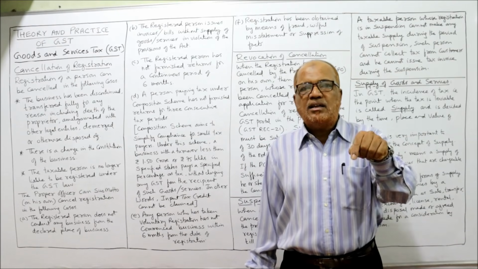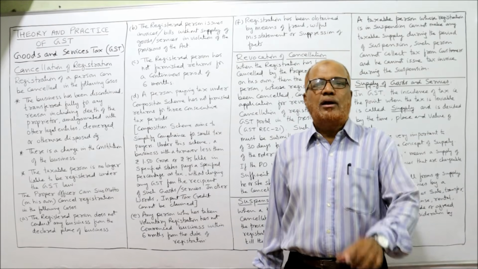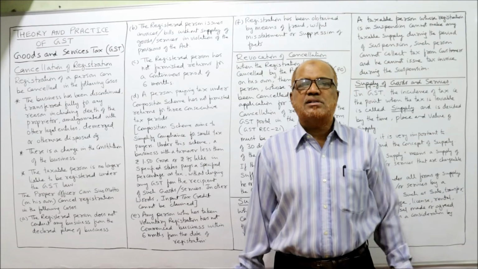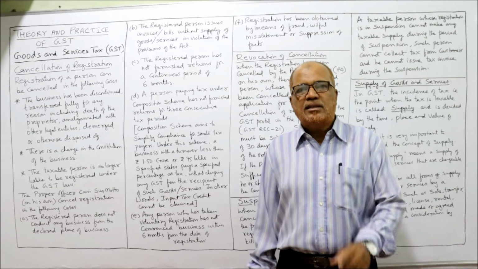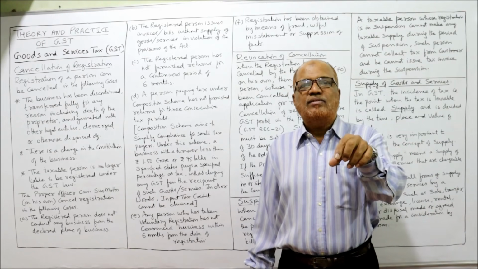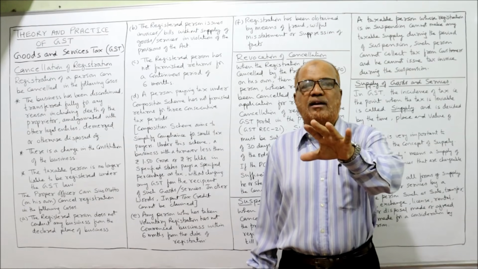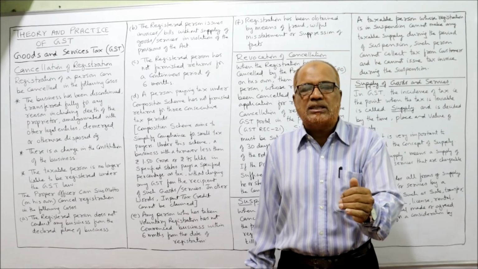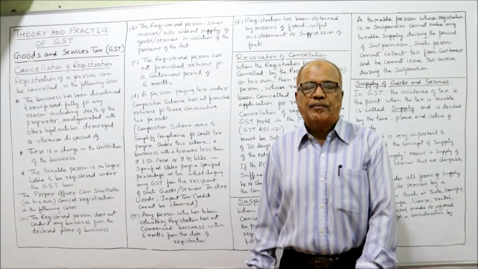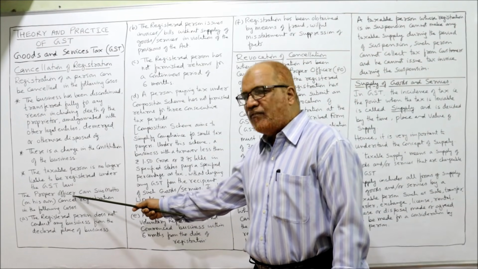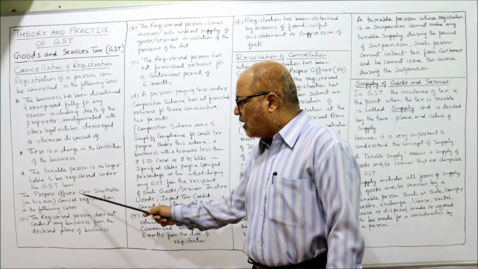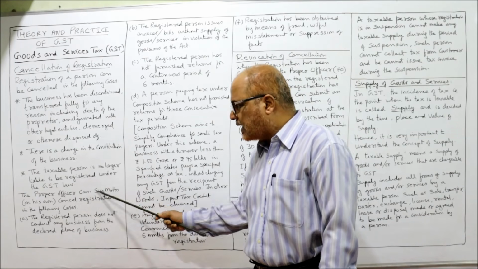If that criteria fails, for example, 20 lakh or 10 lakh rupees aggregate turnover, already discussed in the previous video, and if the aggregate turnover falls below that threshold limit, then the registration will be cancelled. Then the proper officer, called PO, can suo motu, on his own, cancel registration in the following cases.